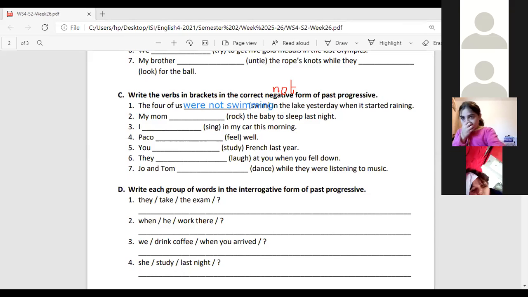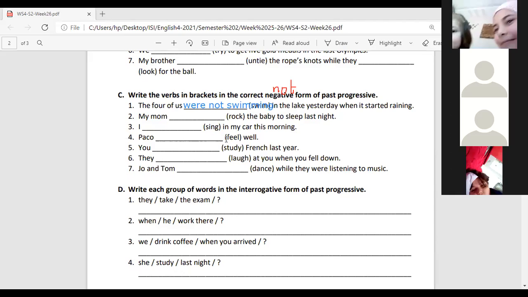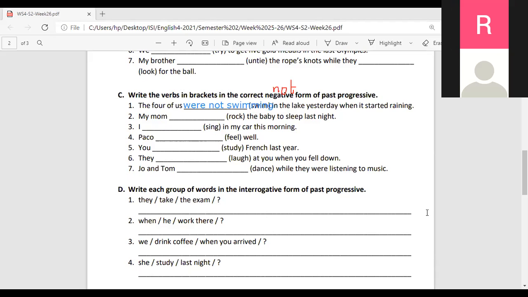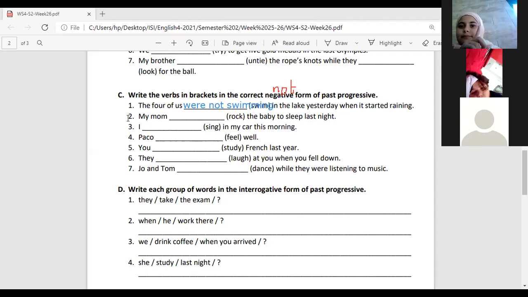Let's take another student, Ali Hamoud. Ali, are you here? Yes, miss. Yalla, Ali. Number 2. My mom rocked the baby to sleep last night.